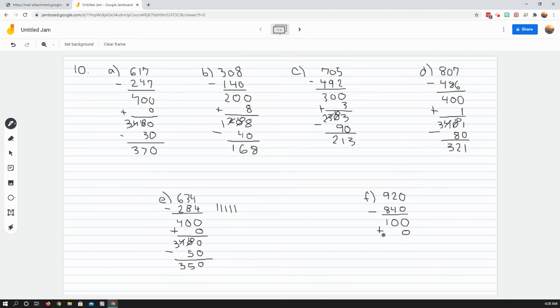And so far, I still have 100, but I have to go back to my tens place. So if I have 2 and I need to get to 4, how much do I need? So I need 2 more digits in order to get to 4, right? And because it's in my tens place, this is actually going to be a 20. And now I get to subtract. So 0 minus 0 is still 0, right?